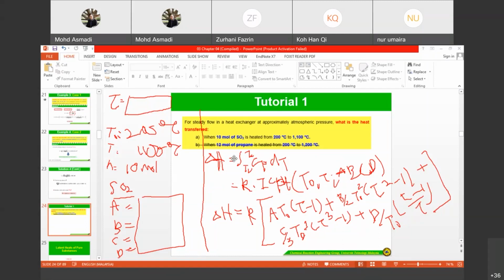Once you substitute all the values A, B, C, and D, and also tau inside these equations, Q equal to N delta H. So you can get Q. We have 10 mole, so times 10 mole. Please calculate.